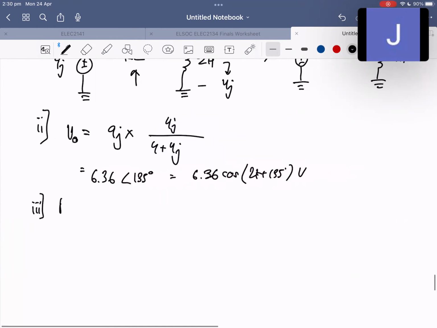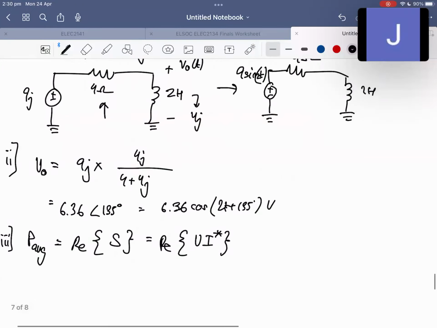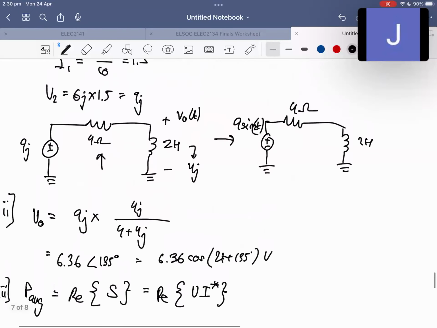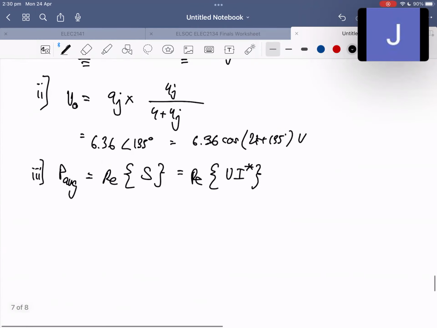You could find the average power, which is the real part of the complex power, V times I star, or I conjugate. You've got V0, and you can find the current by just doing Ohm's law in this circuit, and you'll find that the real part is 0, and that makes sense because they only have imaginary power, right?